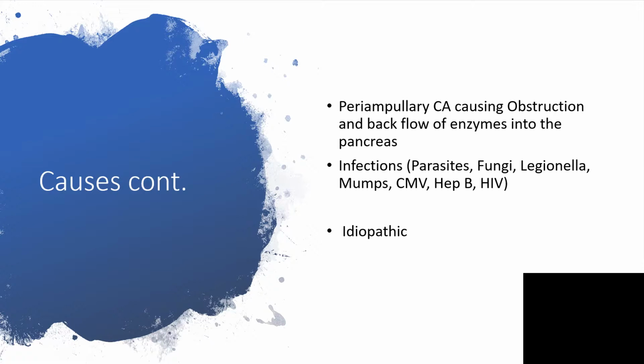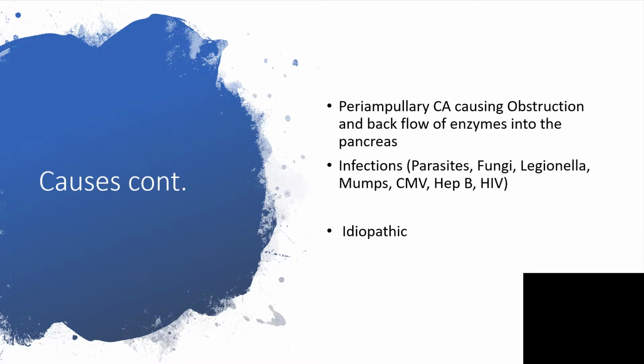Infections: parasites, fungi, Legionella, mumps, cytomegalovirus, hepatitis B, HIV. Let me just pick mumps here. Most kids will have mumps, and there's possibility of mumps orchitis, mumps parotitis, mumps everywhere. So now we could see that mumps could lead to acute pancreatitis.